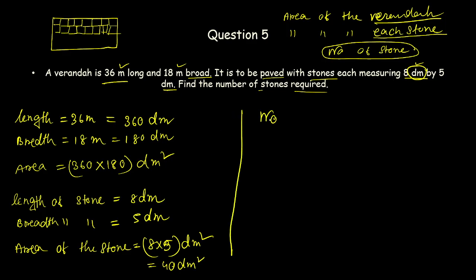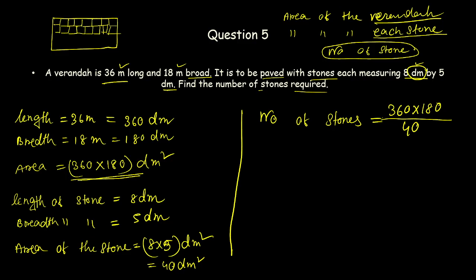Now the number of stones. For the number of stones, what will we do? Number of stones is the area of the veranda divided by the area of the stone. Area of the veranda was 360 into 180, and area of the stone was 40. We don't need to calculate earlier because ultimately we'll do the division; that will be the final answer.